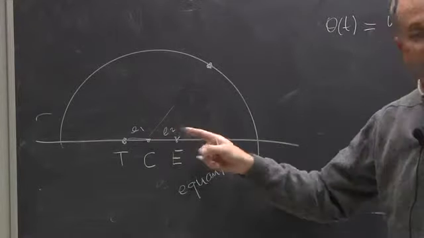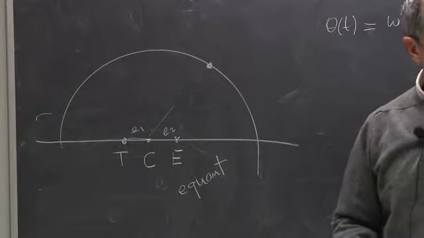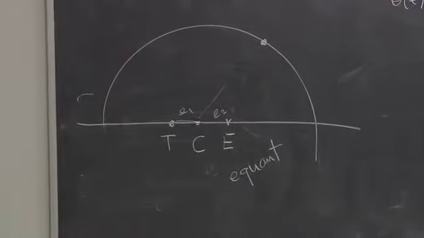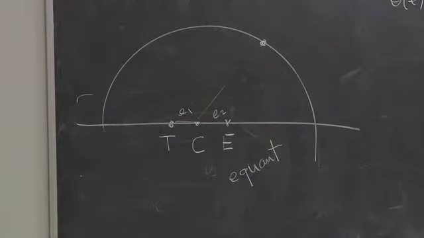You call this E1, E2. You do the math, okay? And what you find, I did it here. It's a bit long, so we are not going to do it.